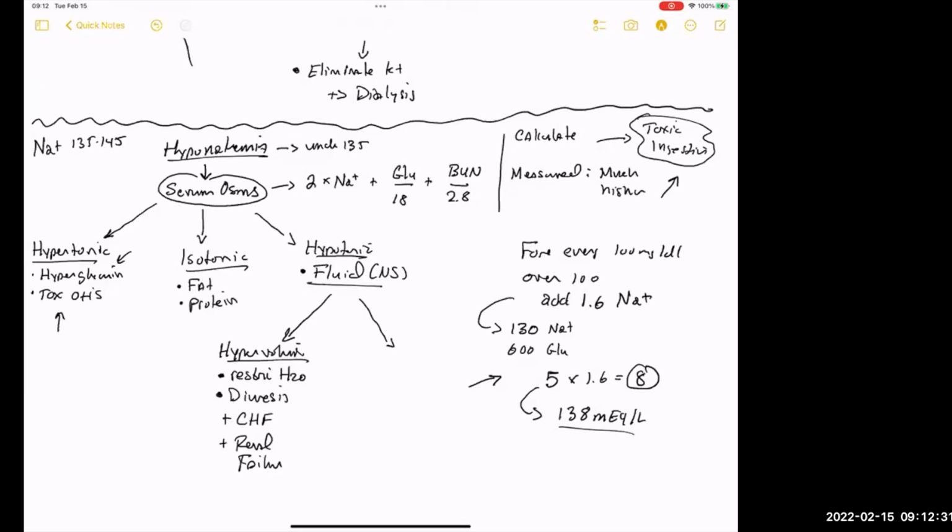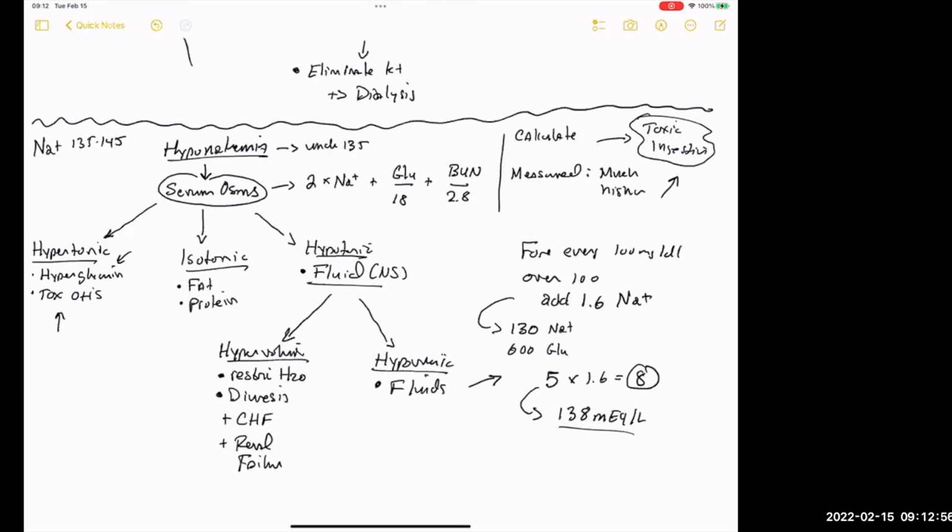Again, because you can't get rid of fluid, and so you're diluting out your sodium. All right. So your sodium's low and your fluid volume status is low. Fluids for the win here. All right. Fluid for the win.